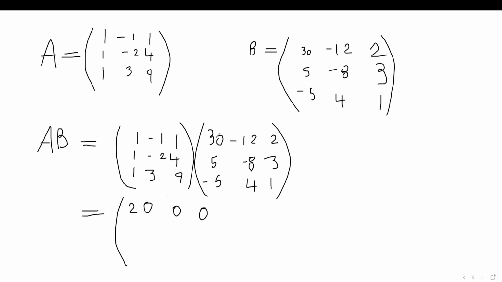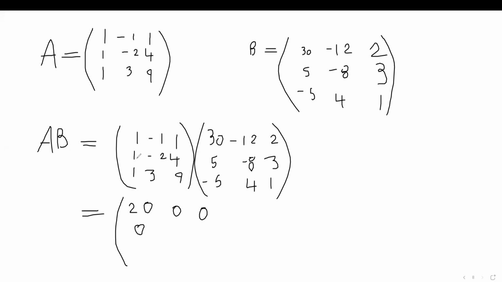Then we go row by this column, 30, minus 2 times 5 minus 10, 4 times minus 5 minus 20, add them together, 0. Then we go row by column again, minus 12, minus 2 times 8 is 16, 4 times 4 is 16.